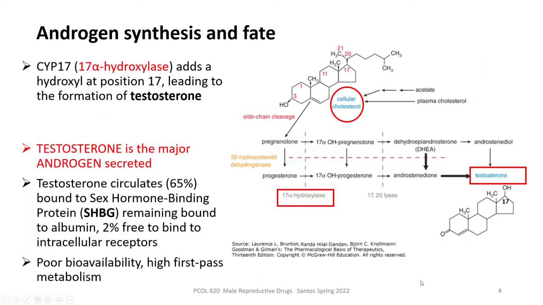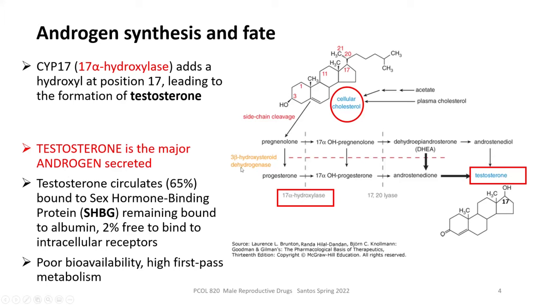So let's take a quick look at androgen synthesis and distribution, because we're going to be seeing some of those intermediary compounds cited during our lecture. Everything starts off with cellular cholesterol, right, that has this steroidal main structure.